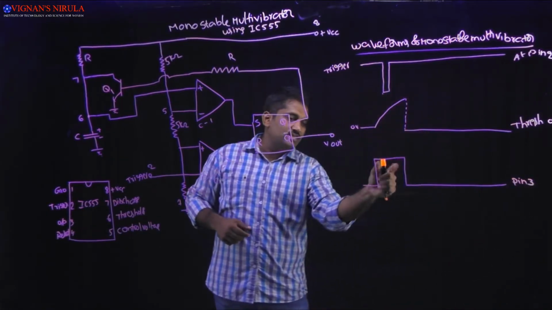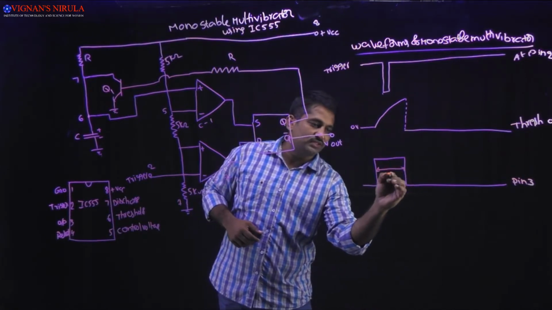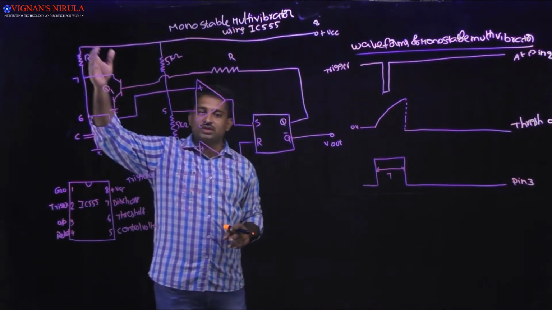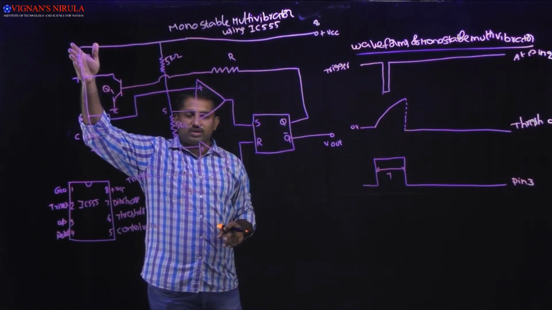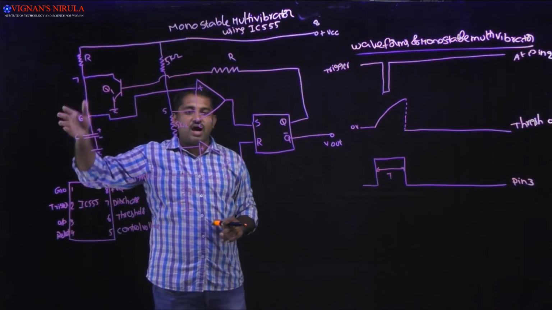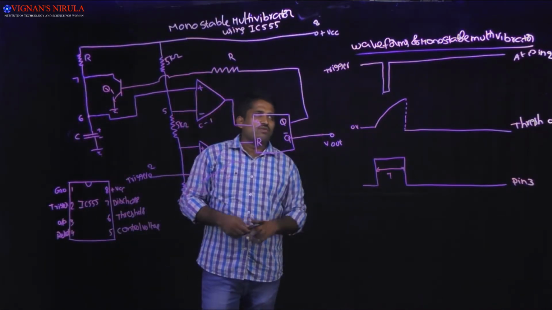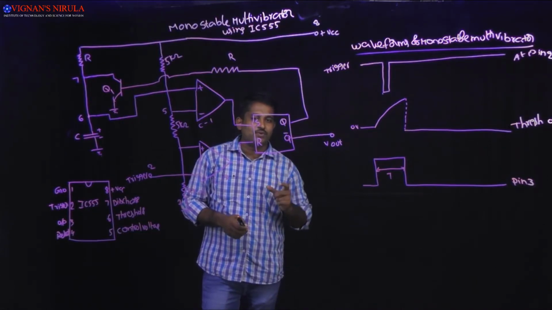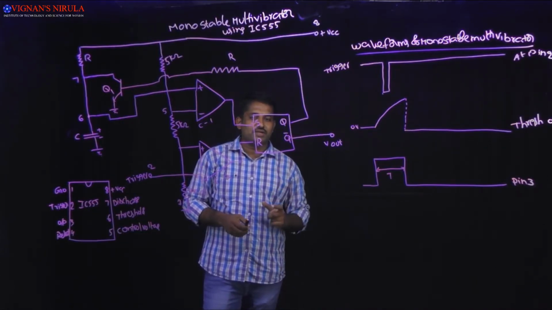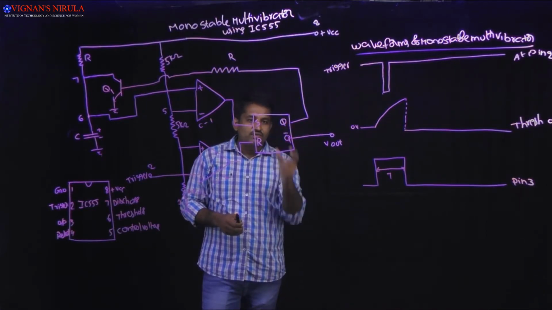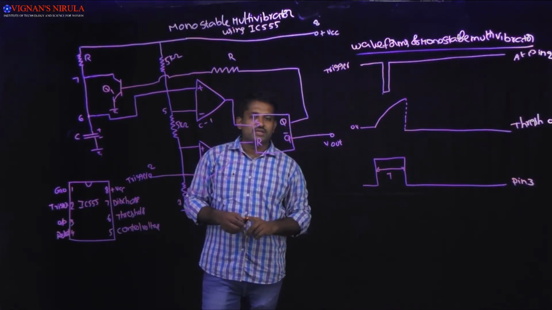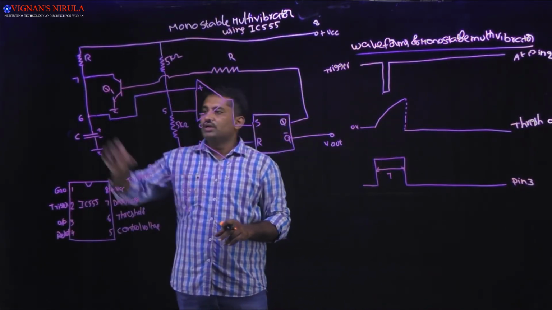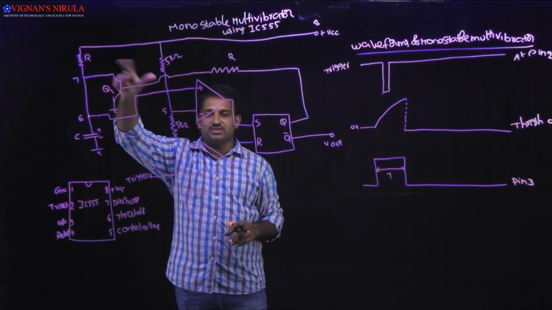This pulse width time duration depends upon the elements we are using for the monostable multivibrator, which are R and C. These are the waveforms of the monostable multivibrator. I think now you clearly understand the monostable multivibrator. Always the waveforms and the capacitor charging as well as discharging depend upon this Q1 transistor.